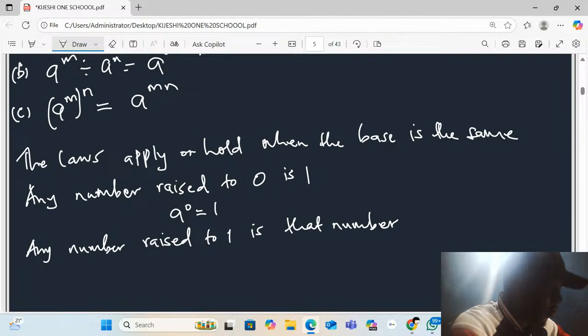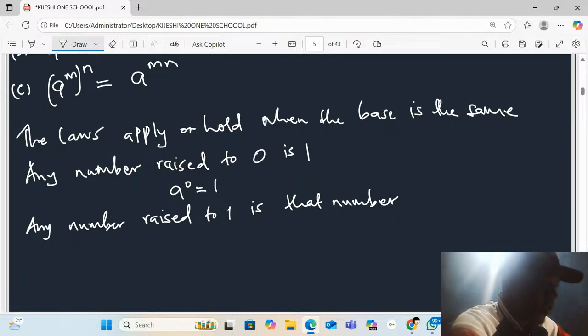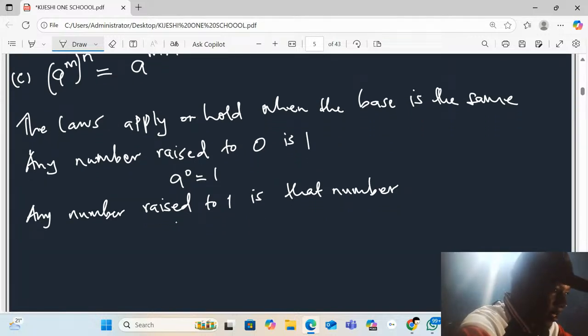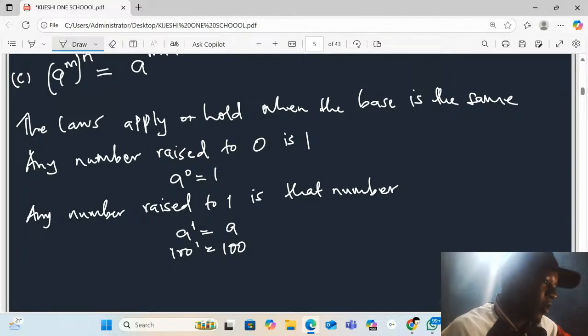So any number that you're going to raise it to 1, you're still going to get the same answer. For instance, a raised to 1 will be equal to a. If you're having 100 raised to 1, your answer is still going to be 100. Anything raised to 1, you still get the same answer.